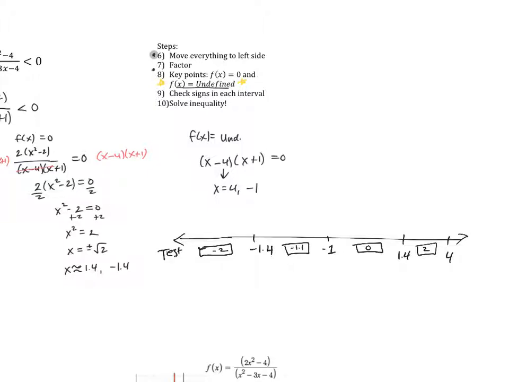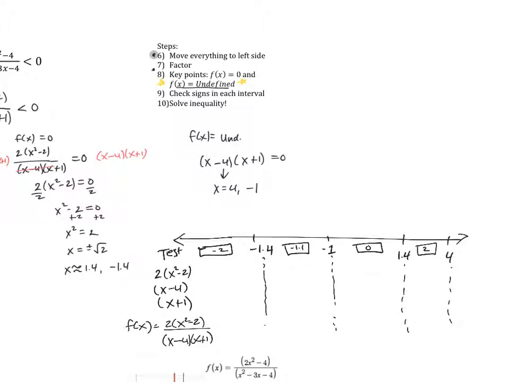Now I look at every piece of my function. I have the numerator 2 times (x squared minus 2), and I have x minus 4 in the denominator and also x plus 1 in the denominator. So my function is going to be the sign of the numerator divided by the sign of the product of those denominator factors.